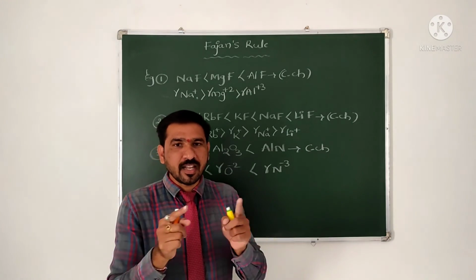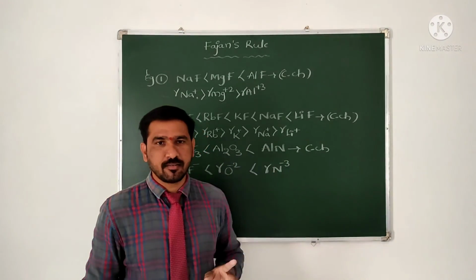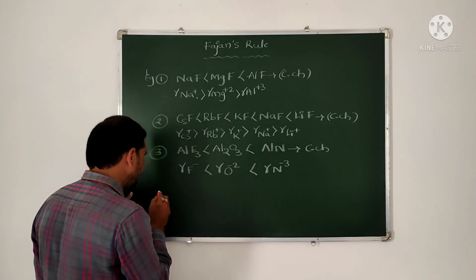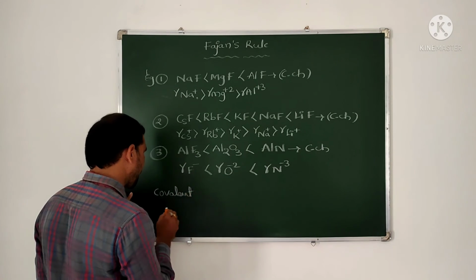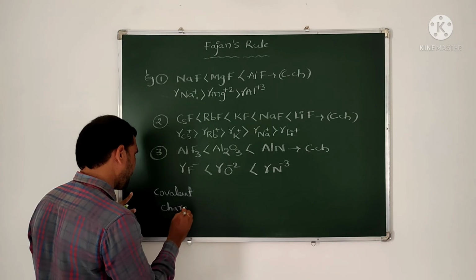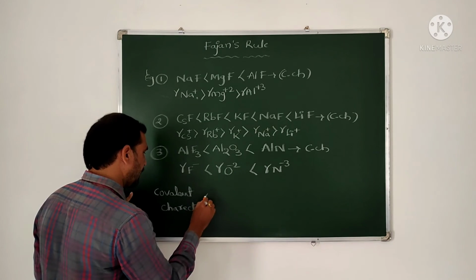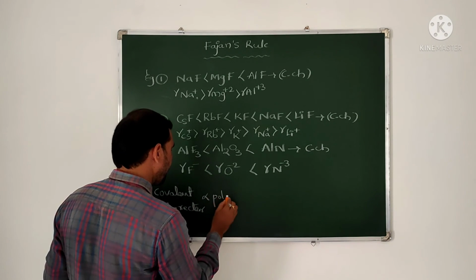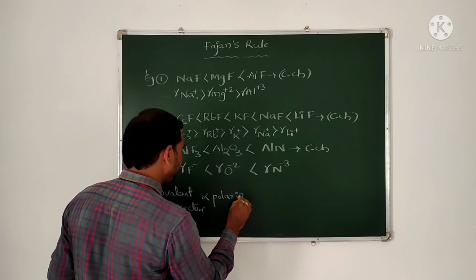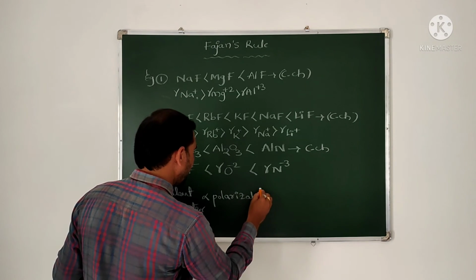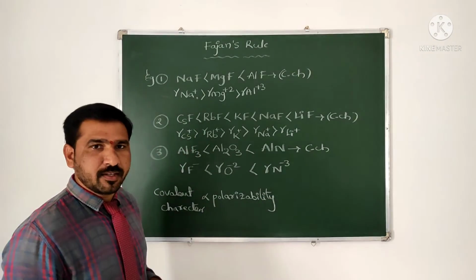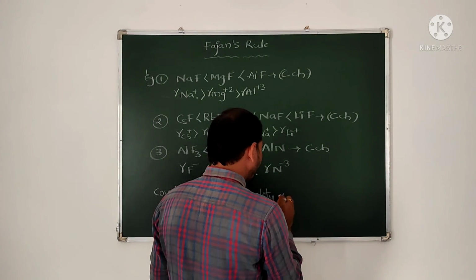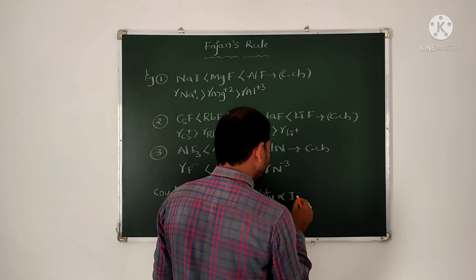One more important point I would like to say about covalent character and polarizability. Polarizability is directly proportional to covalent character. Remember, beta, covalent character is directly proportional to polarizability, which is also directly proportional to ionic strength.